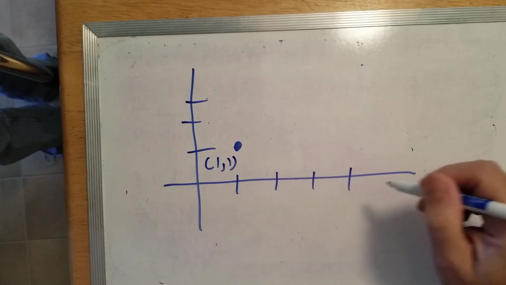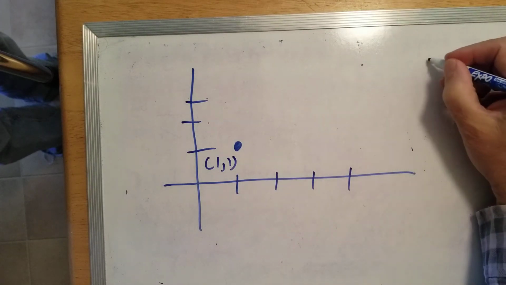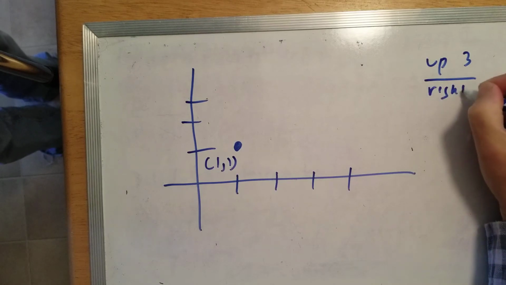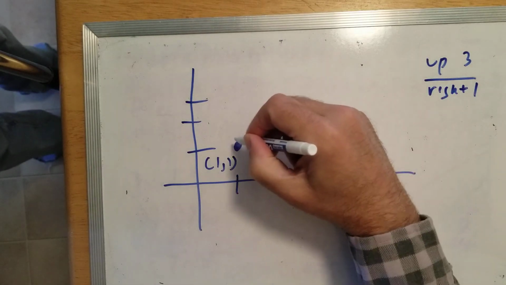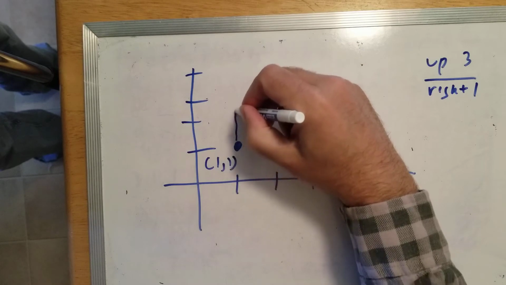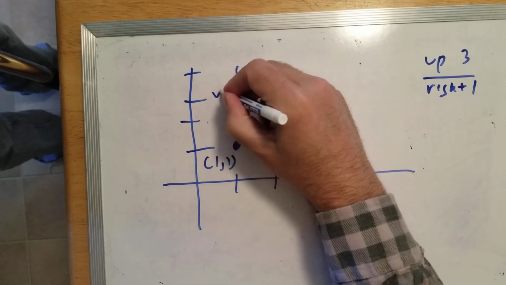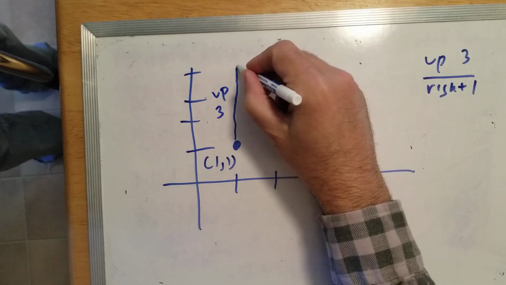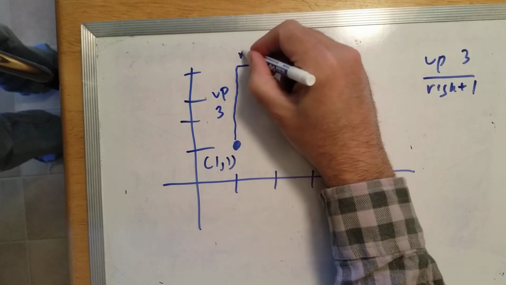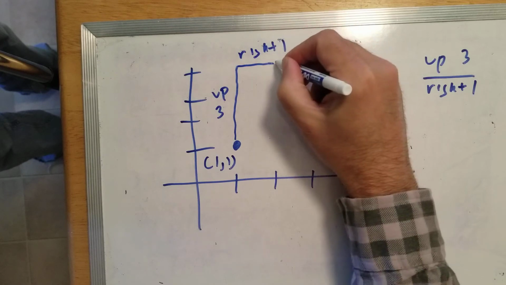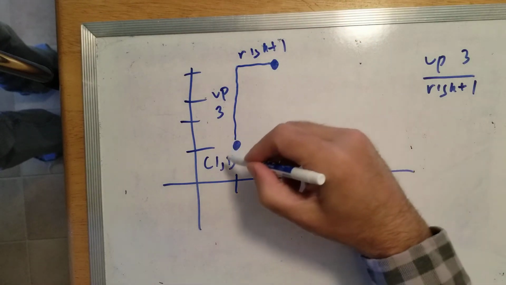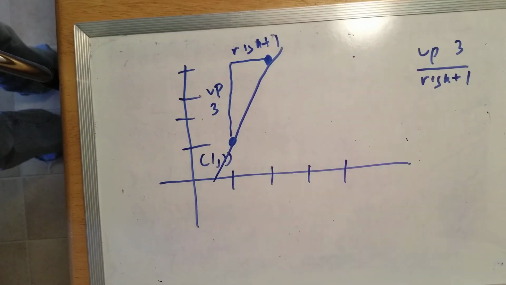And from (1, 1), because I'm going up 3 and right 1, starting from here, I'm going to go up 3 units, 1, 2, 3, along the y-axis, and then I'm going right 1 horizontally. And where that ends up gives me another point on the line, and then I can join those 2 points to graph the line.